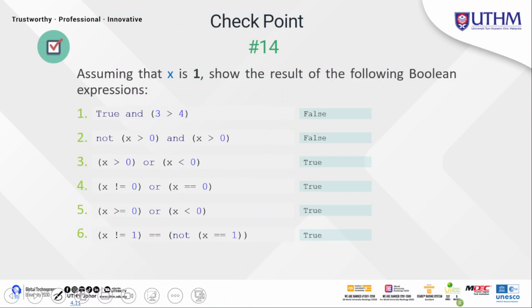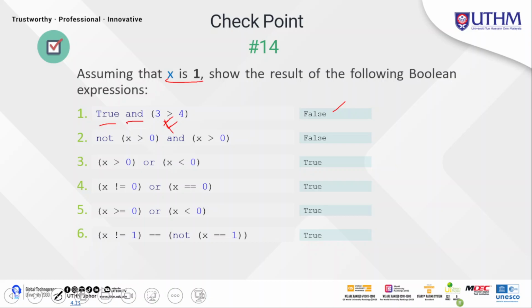First, assume that x is 1. Show the result of the following Boolean expressions. So true and 3 is greater than 4. This one is true, this one is false. So one true, one false, you get false because of the AND operator.